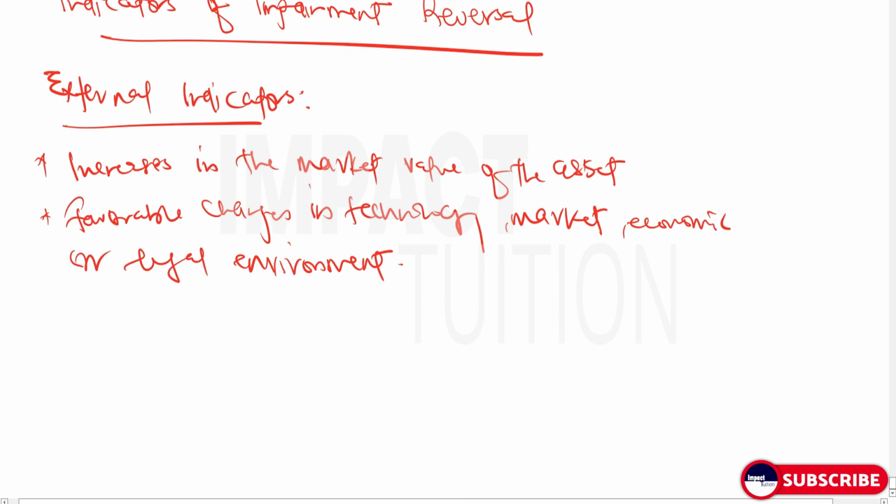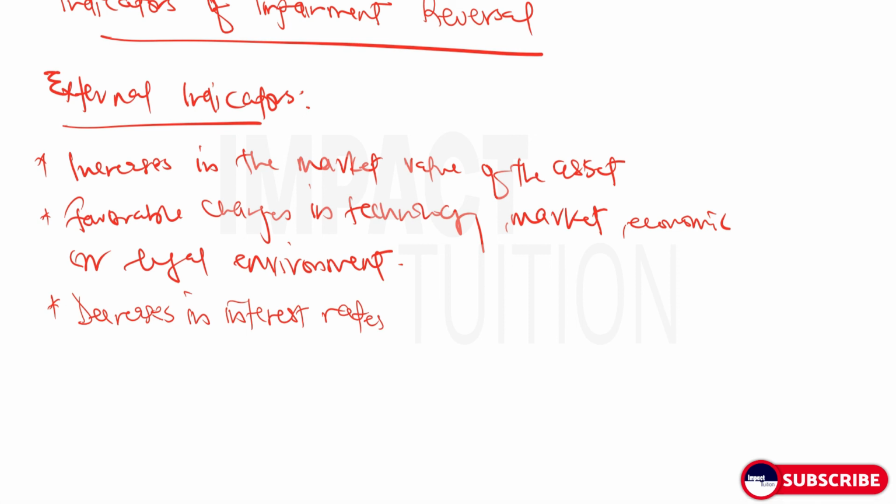Favorable changes in technology, the market, economic, or legal environment of the business. Where there are decreases in interest rates, these are basically the opposite of the external indicators of impairment.